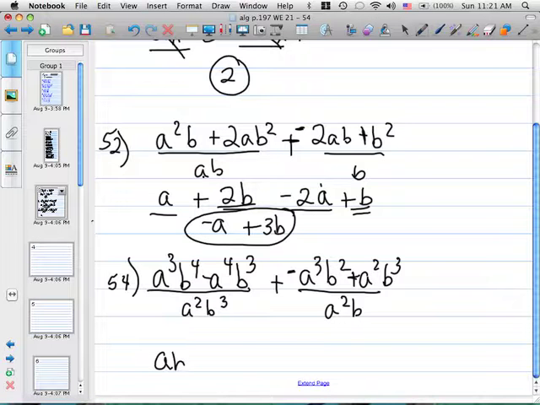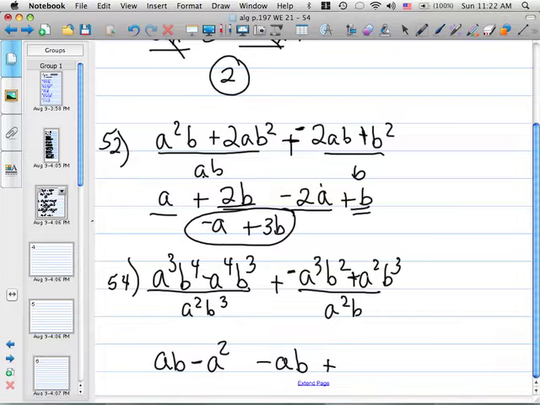Plus 2, the a's cancel, and the b, we can take out one b, so we have b. And here, this would be negative 2. The a stays there, the b's cancel out. And b goes into b squared, we have 1 b left. So adding that a and a negative 2a make negative a, and a positive 2b and a positive b makes 3b.